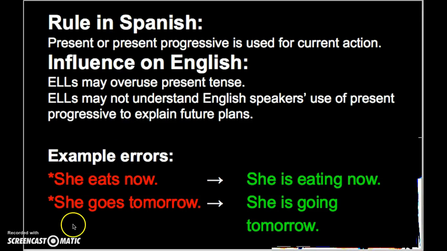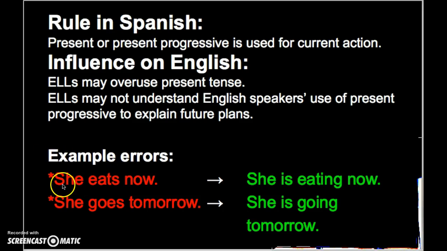Another example is that the ELLs may not understand when English speakers try to use the present progressive to talk about the future, because in English, the present progressive is used in more situations.